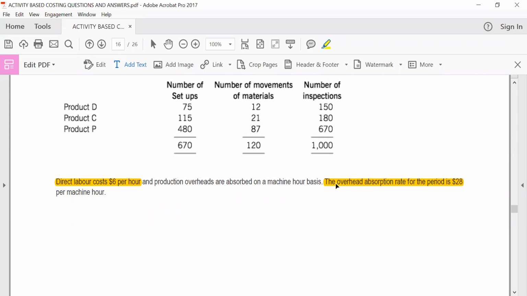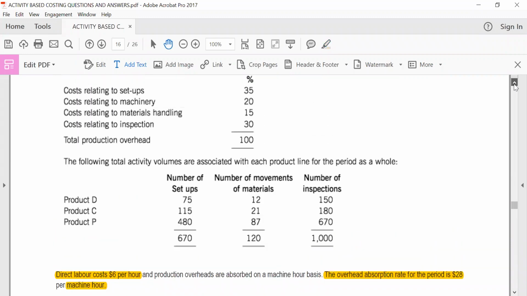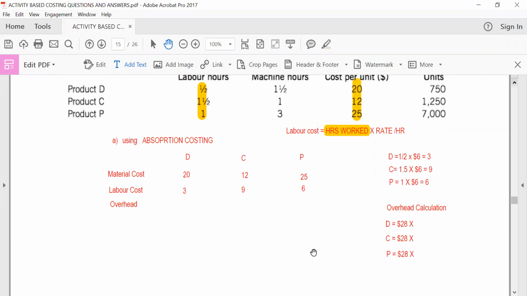He said that the overhead absorption rate for the period is $28 per what? Machine hour. So the base of absorption is machine hour. So use the 28 to multiply the hours. So machine hours, we have 1.5, we have 1 and 3.